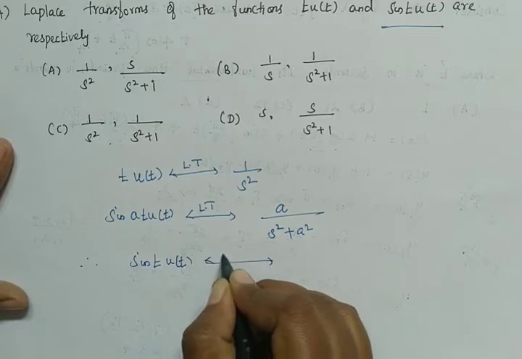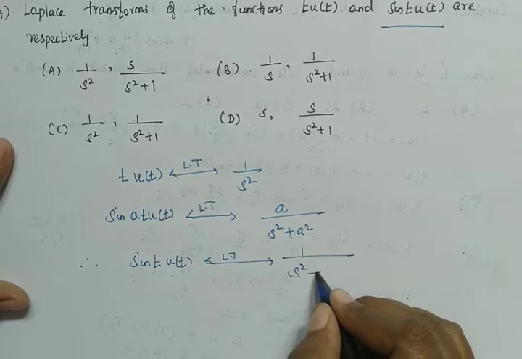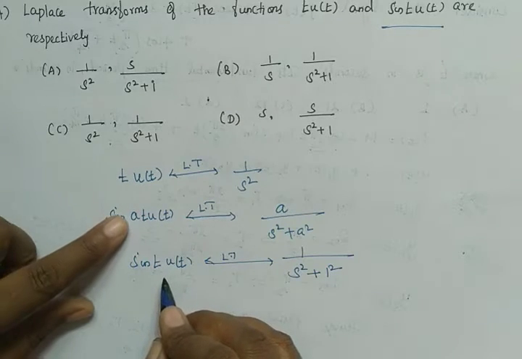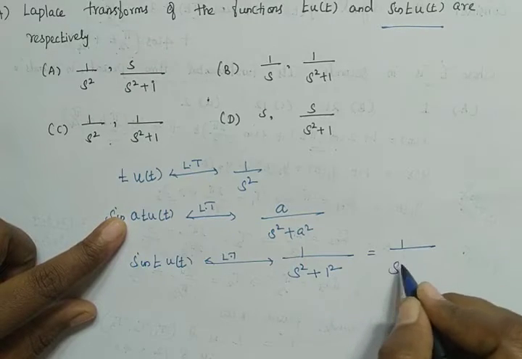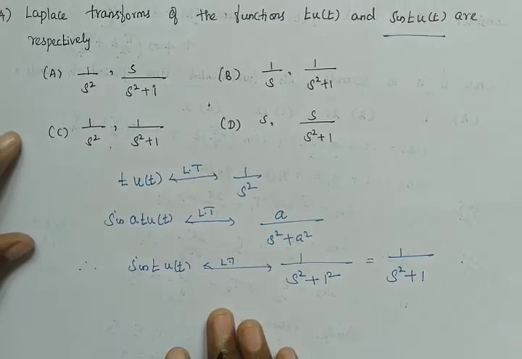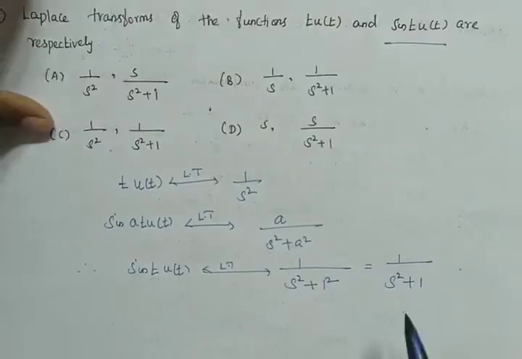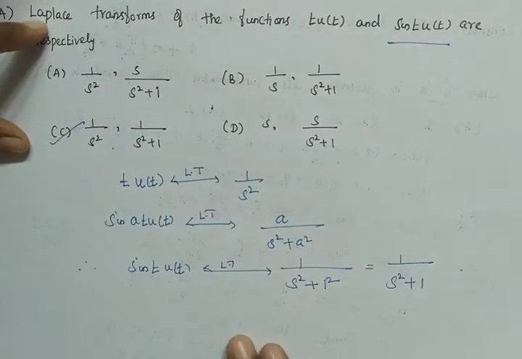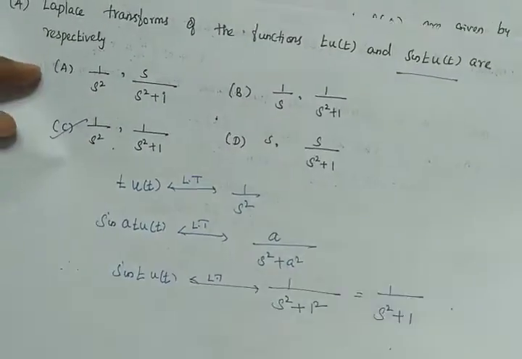If you take the Laplace transform of this, we will get 1 divided by s square plus 1 square, because instead of a we have only 1, so it is equal to 1 by s square plus 1. So this is the answer, that is 1 by s square plus 1. So the answer is 1 by s square, and 1 by s square plus 1. So option C is the correct answer. Now let us move on to the next problem.